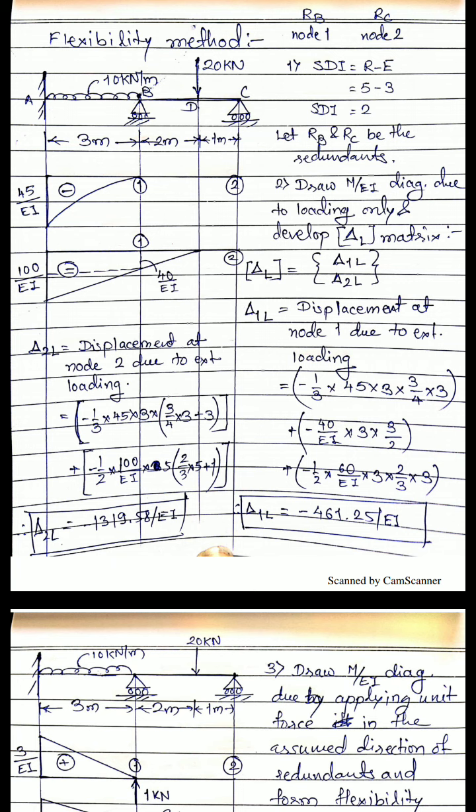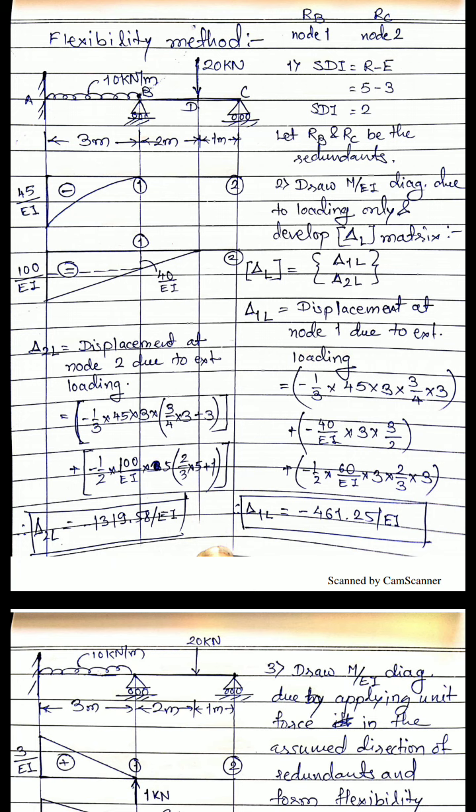So delta 1L is the displacement at node 1 due to external loading. We have two external loads, and for these we have drawn the M by EI diagram as well. So you have to find only the displacement at node 1. In the figure you can also see joint B is treated as node 1 and joint C is treated as node 2.